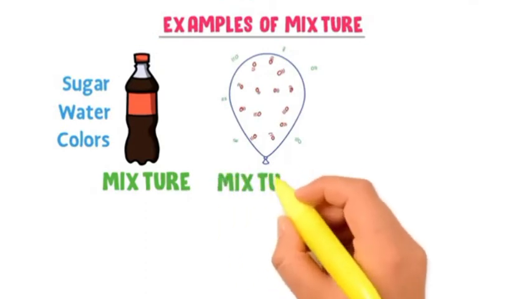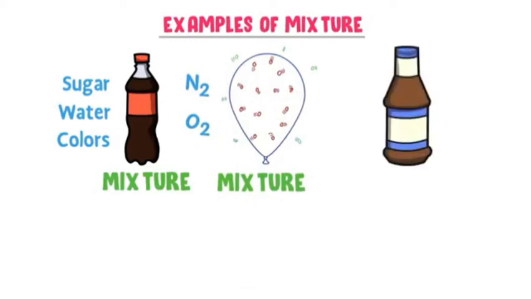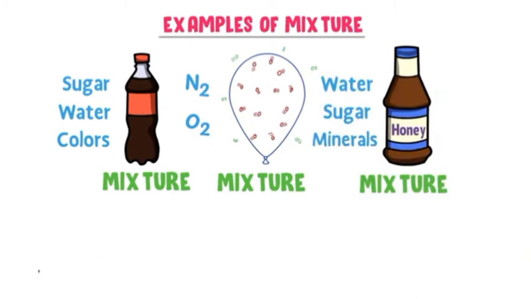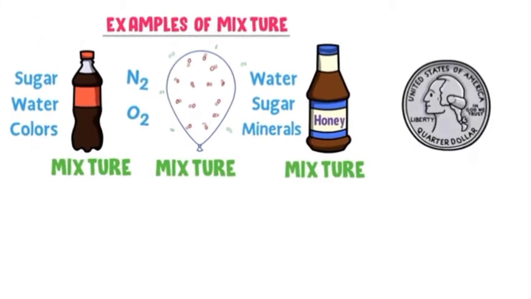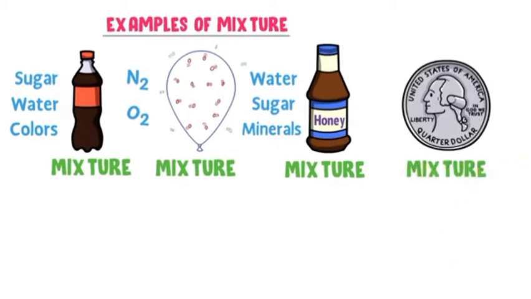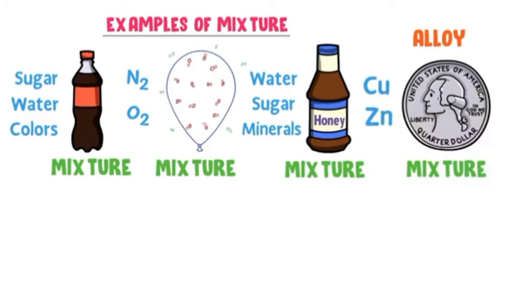It is a mixture of different gases like nitrogen gas, oxygen gas, etc. Thirdly, honey is not a pure substance. It is a mixture because it is made up of water, sugar and minerals. Fourthly, steel or coins are not pure substances. They are mixtures because steel and coins are alloys. They are made up of elements like copper, zinc, etc.